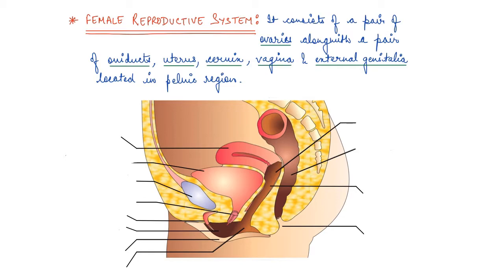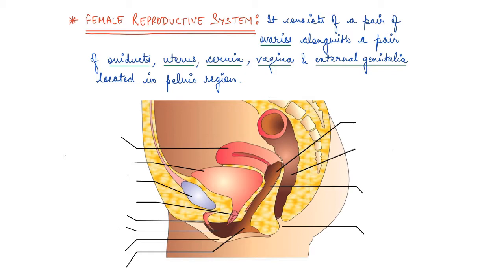If you remember, the male reproductive system is located in the pelvic region as well, right? Now, the parts of the system along with a pair of mammary glands are integrated structurally and functionally to support the process of ovulation, then fertilization, pregnancy, birth, and childcare.